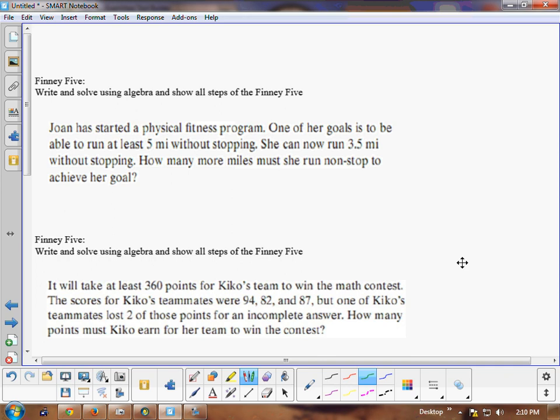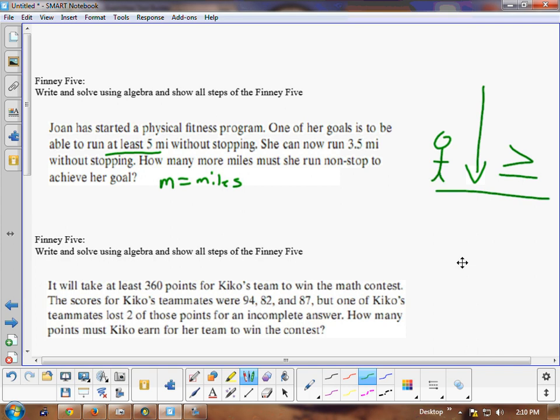So we're going to say M equals the miles that she needs to run. And you have to set up the inequality. And remember, at least is the floor. That's greater than or equal to. So think of, you're on the floor, you look down, you're greater than or equal to the floor.